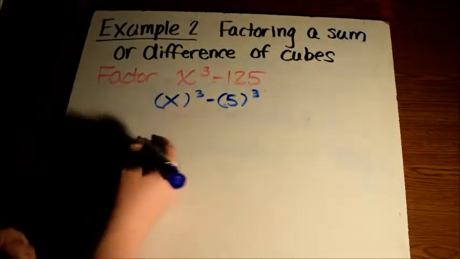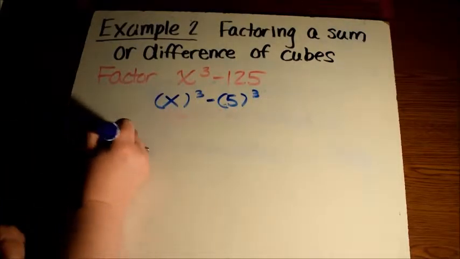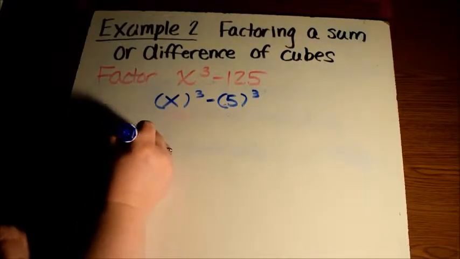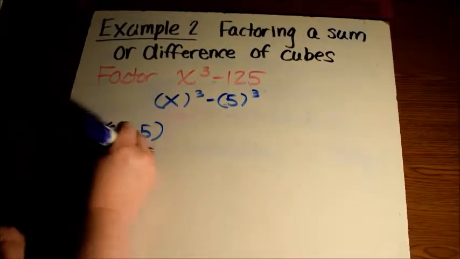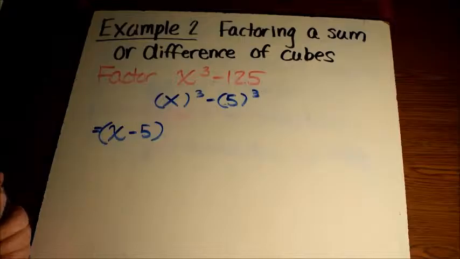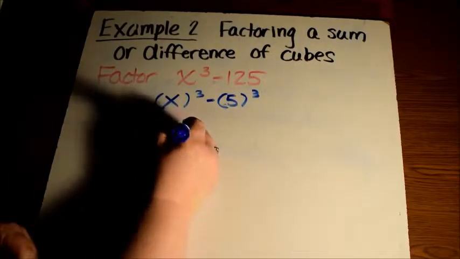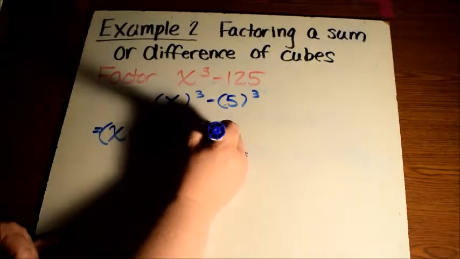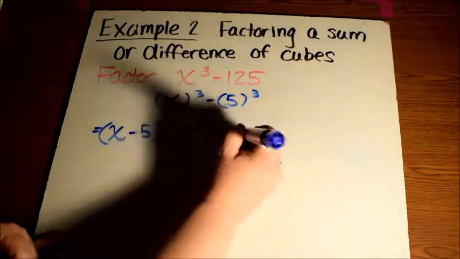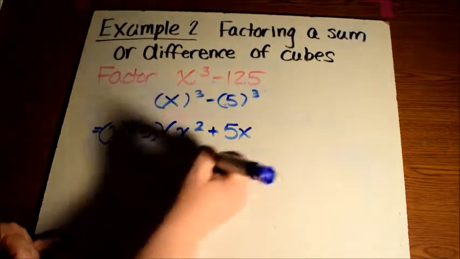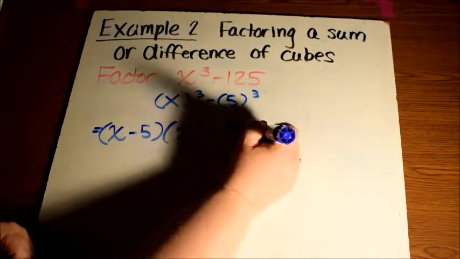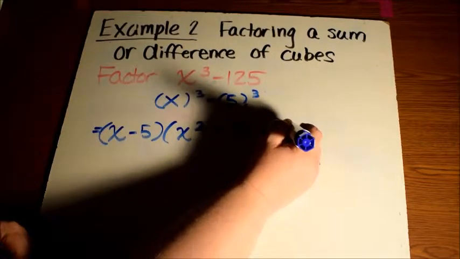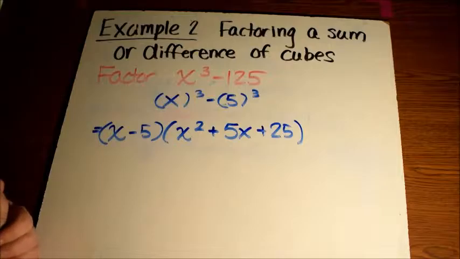So we can factor this. This becomes x minus 5. Remember, we just removed the cubes for the first part. And then x squared. We already used up a minus, so this is plus. And then x times 5, which is 5x. And finally, 5 squared, which is 25.